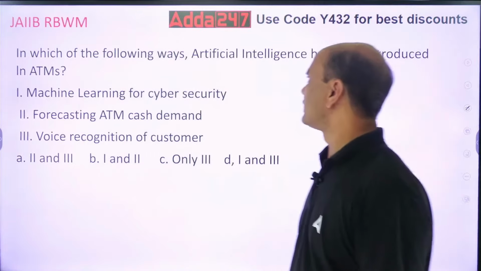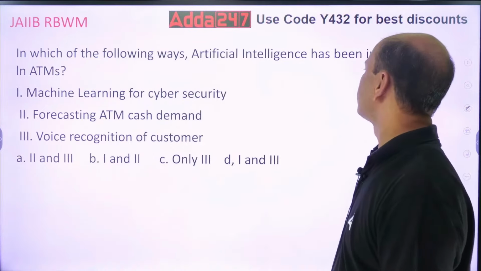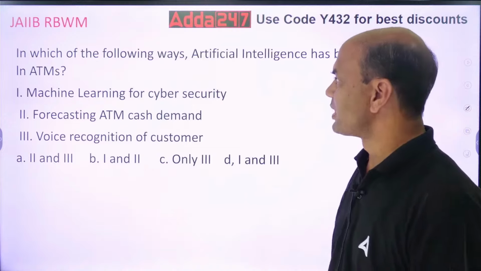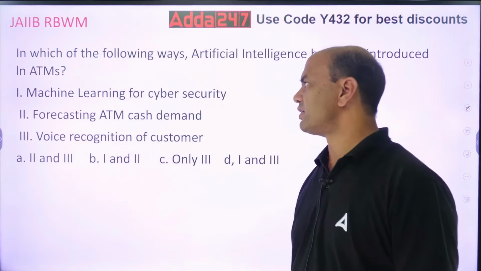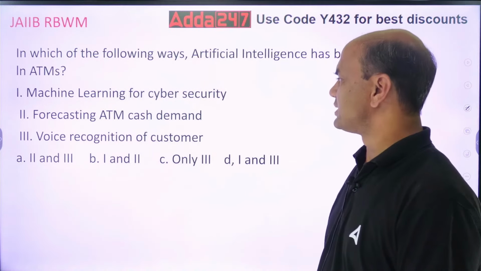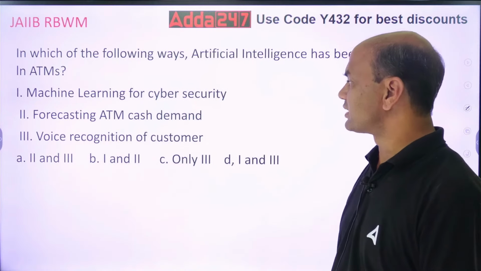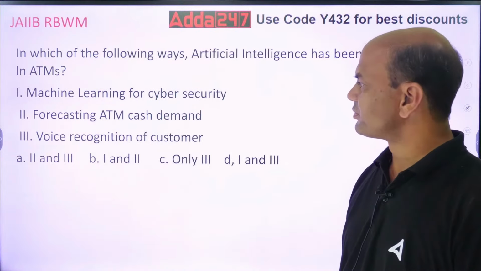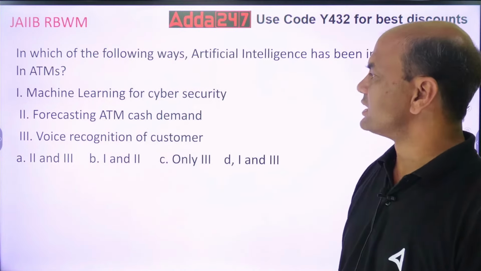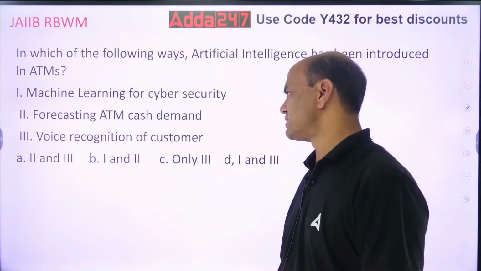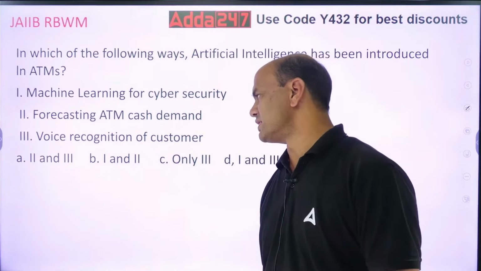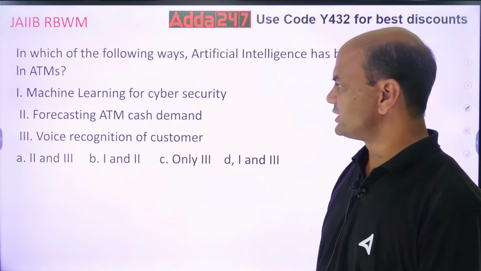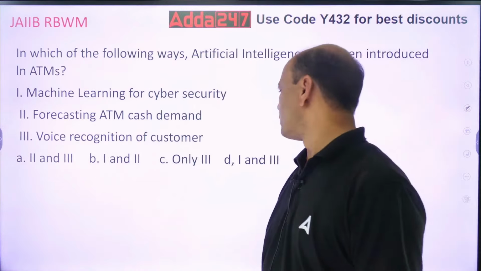In which of the following ways artificial intelligence has been introduced in ATMs? Machine learning for cyber security, forecasting ATM cash demand, voice recognition of the customers. Is it 1 and 2, 2 and 3?